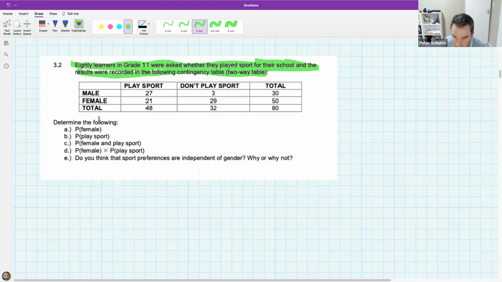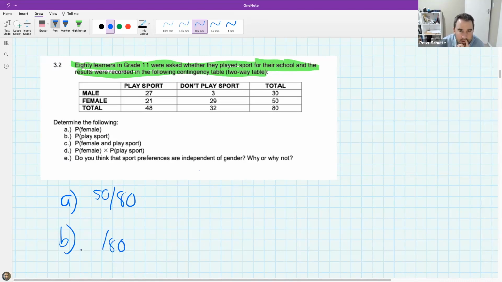Each time you see a table, it gets a bit easier to read off the information. Okay, so A is going to be 50 out of 80.